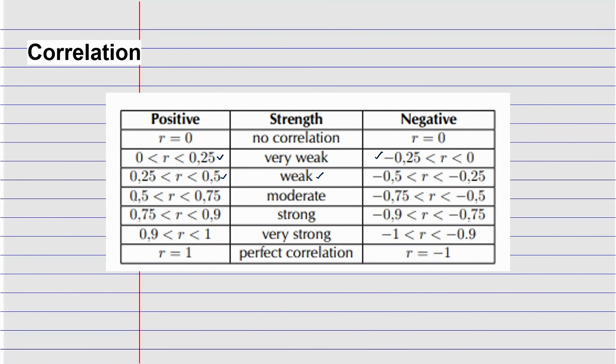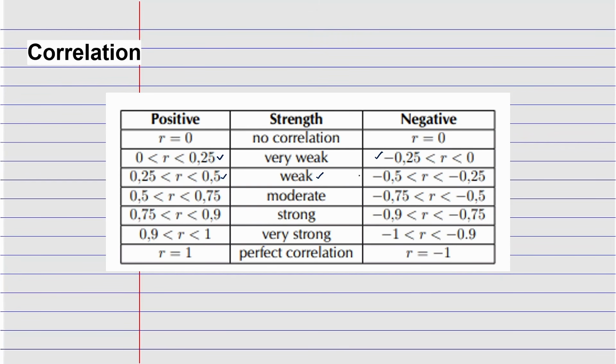So now, if it's between 0,5 and 0,75, it is moderate, right? So we're going to say that's a moderate positive correlation. If it's negative, it's going to be a moderate negative correlation, right? So if it's between 0,75 and 0,9, it's going to be a strong positive correlation if your R is positive.